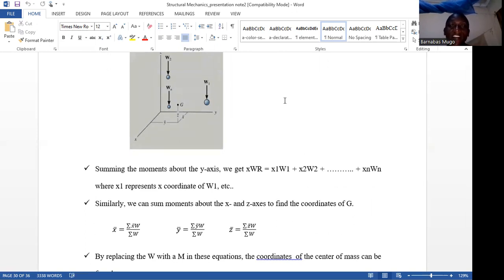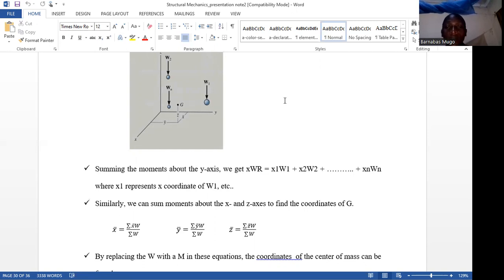x is the distance from the y-axis, while W is the weight. So x is the distance of its respective weight from the y-axis. Moment is force times the distance. So distance times the force.